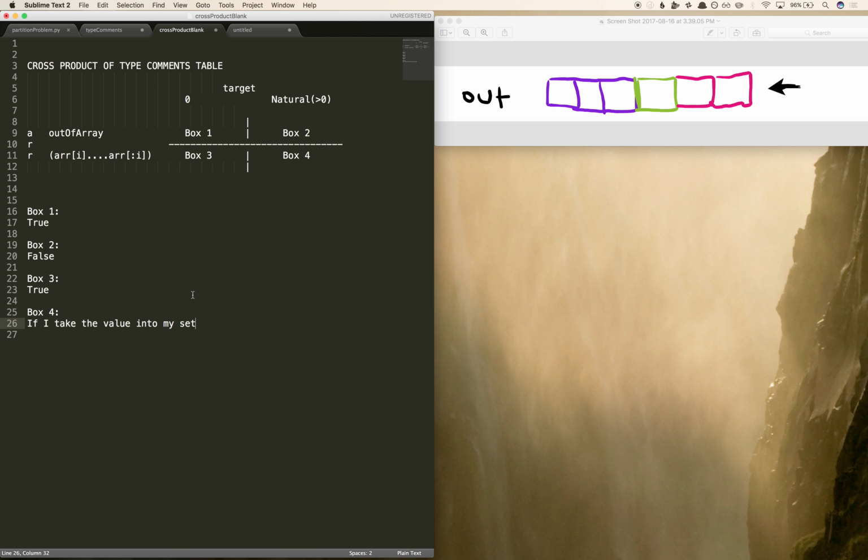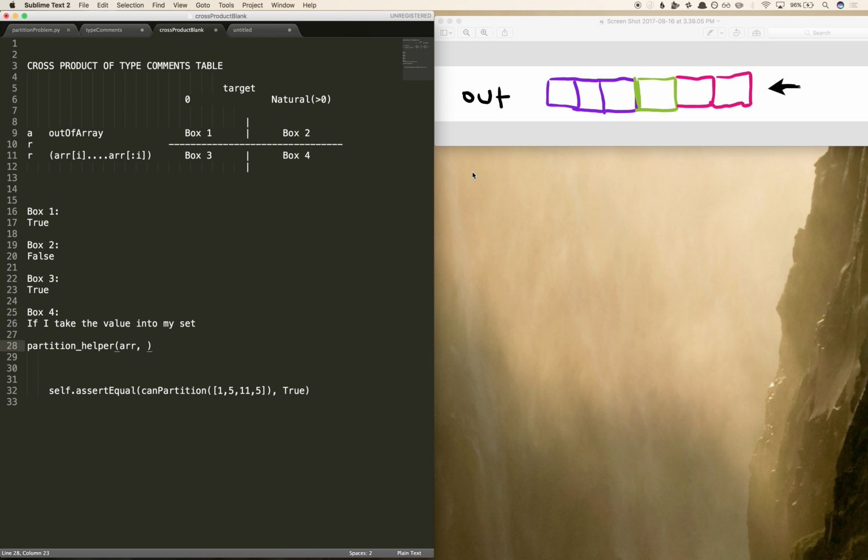Okay, let's do the bottom. If I take the value, 5, into my subset that I'm keeping track of, then what I'm left with is a new, smaller problem: partition helper with the array.